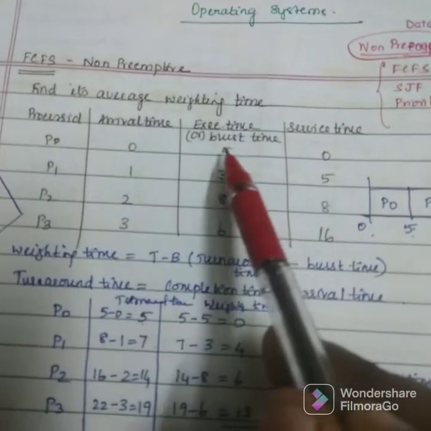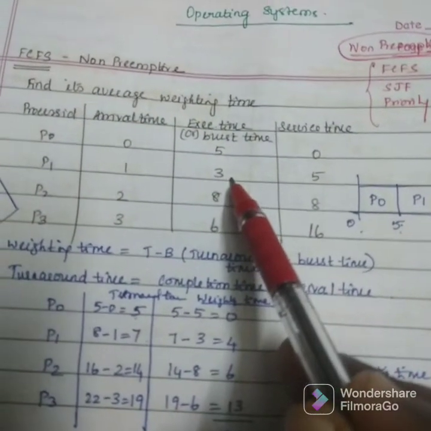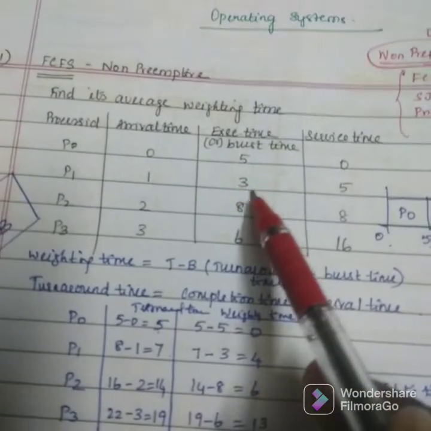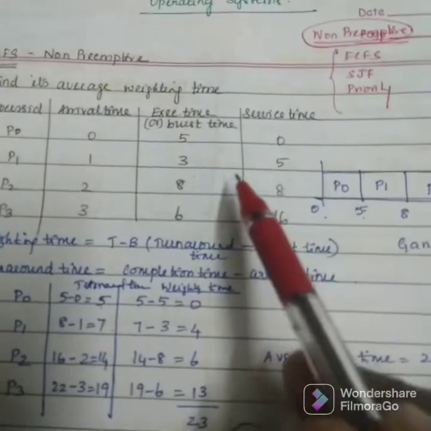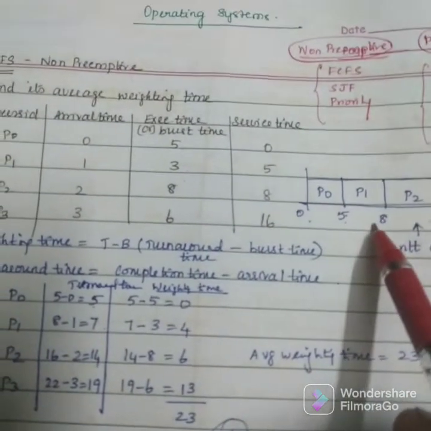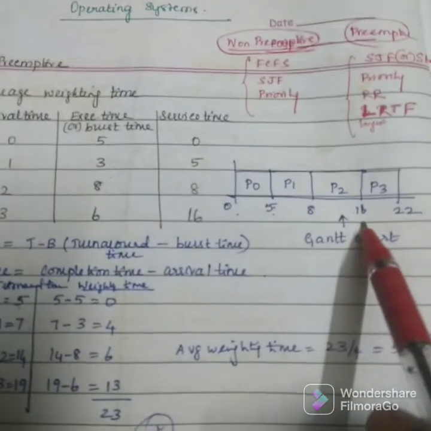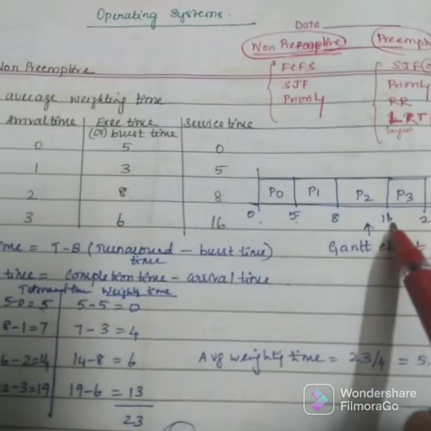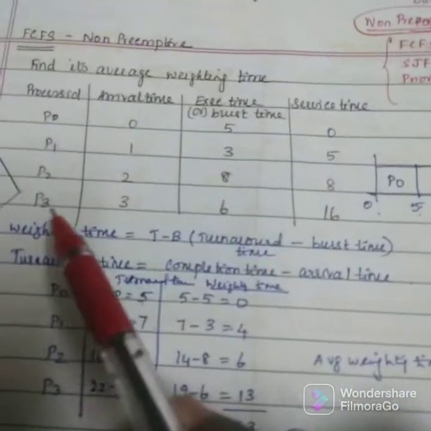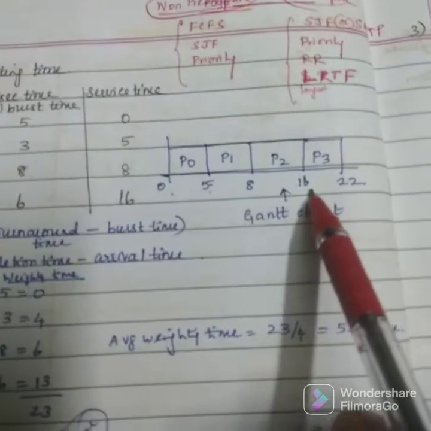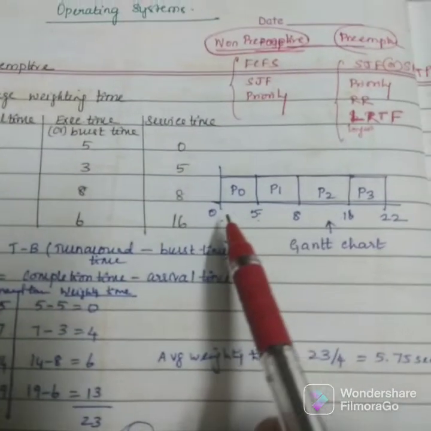The next is 5 plus 3, that is 8, the time used by P1. Next, 8 plus 8 is 16, the total time used by P2. And the next is P3, 16 plus 6 is 22. Like this we need to put.